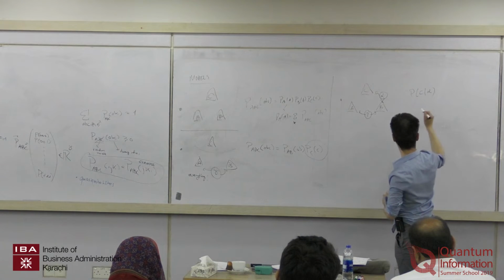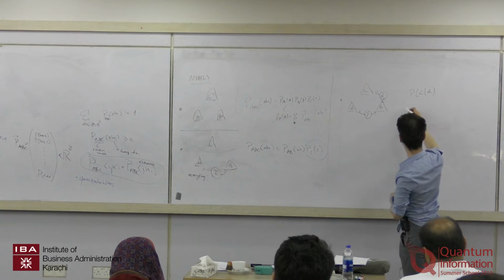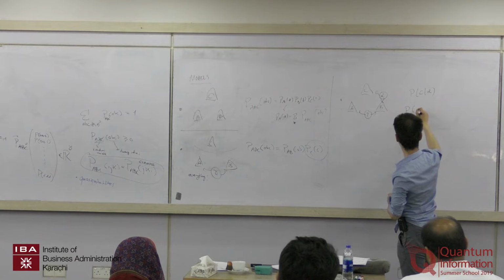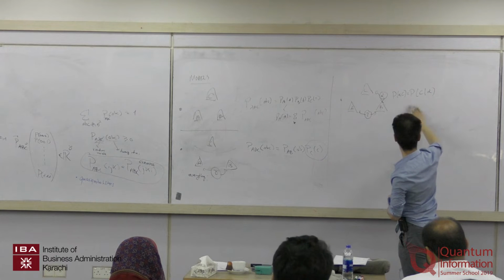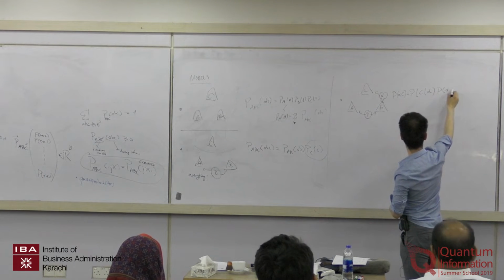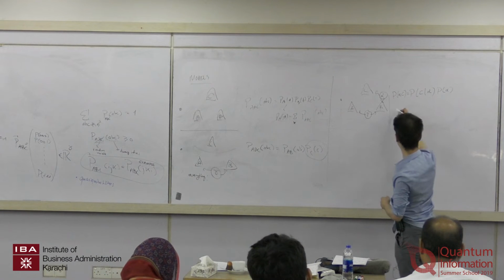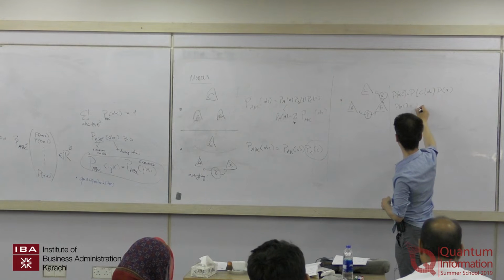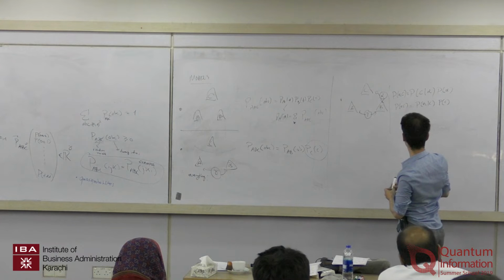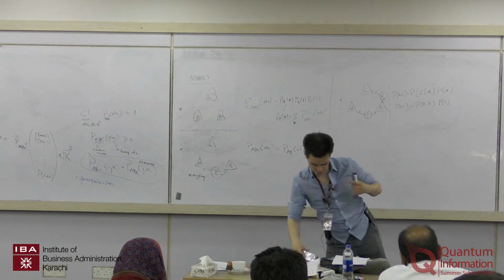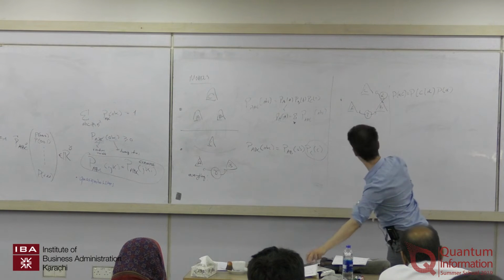But what I can do is twist this model around. So P of C alpha, I have that. But what I can also write is P(alpha, C) is P(C given alpha) times P(alpha). That's what I get. I can twist this model on its head. I can say that P(alpha, C) is P(alpha given C) times P(C).